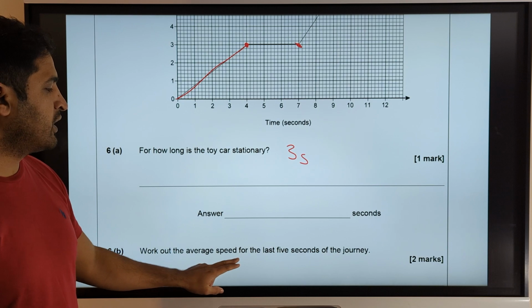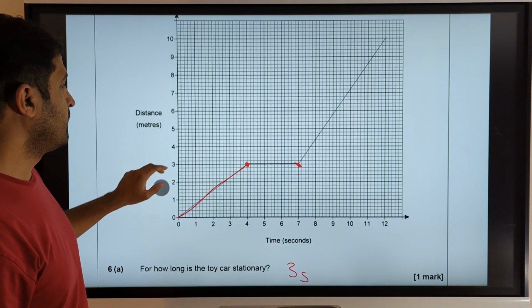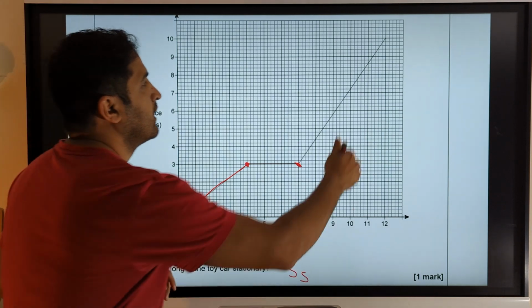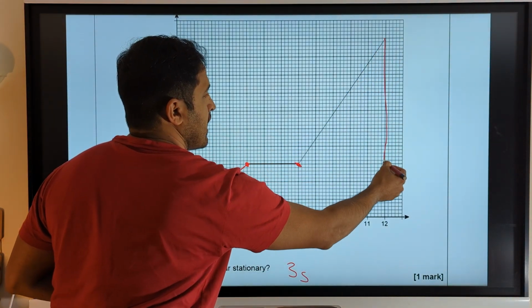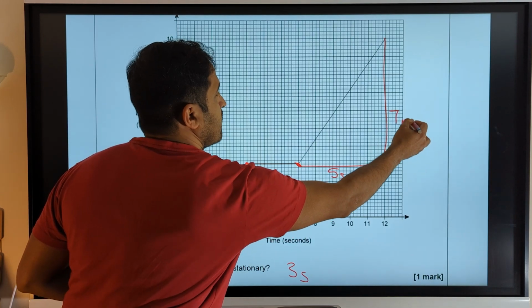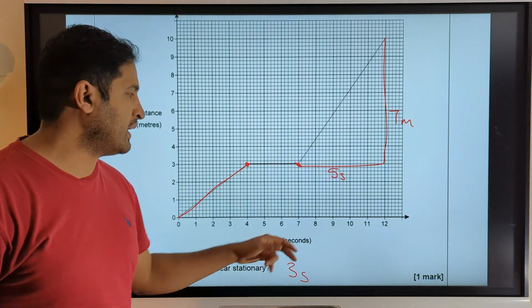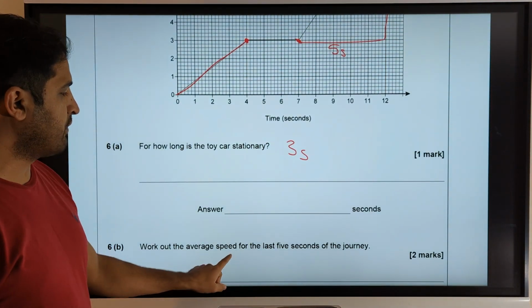And work out the average speed for the last 5 seconds of the journey. So in the last 5 seconds, we go from 3 meters to 10 meters. So we travel a distance of 7 meters in 5 seconds. Okay, distance divided by time will give you the speed, and that's what we're looking for, average speed.